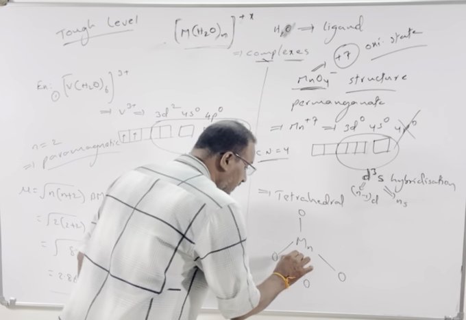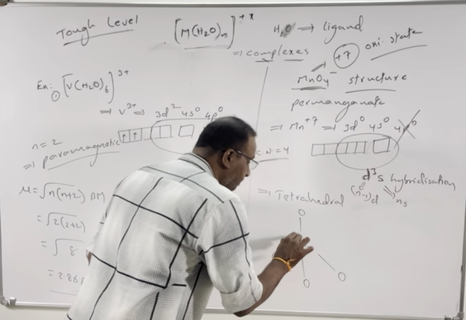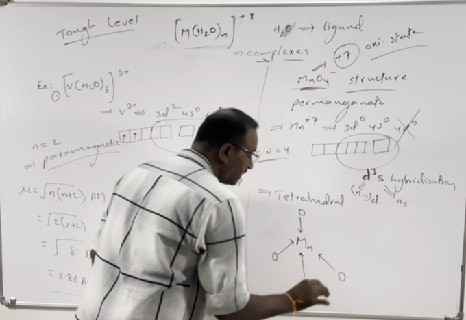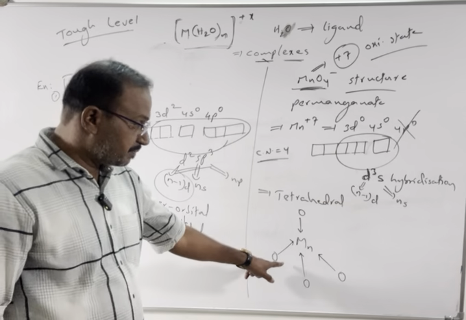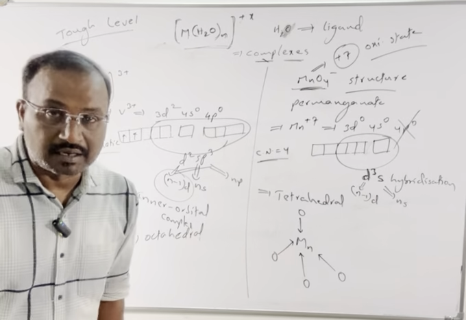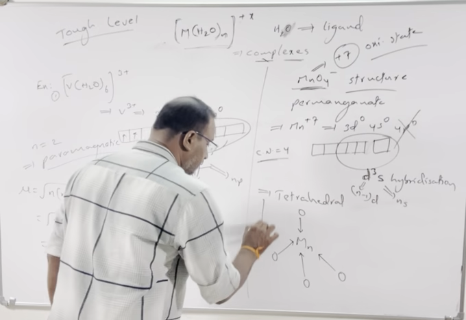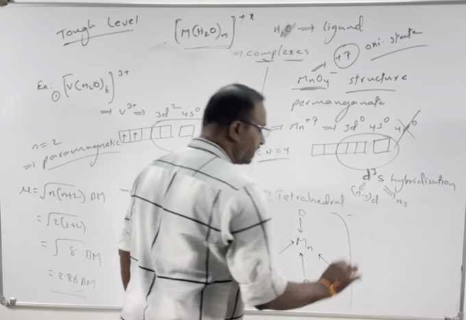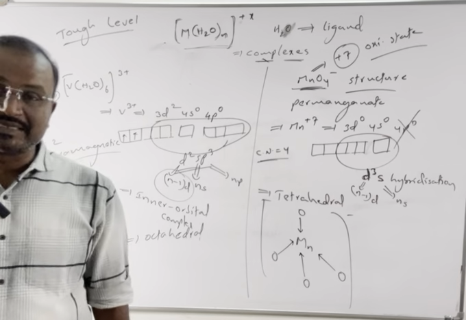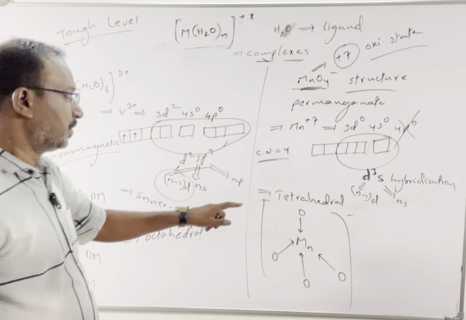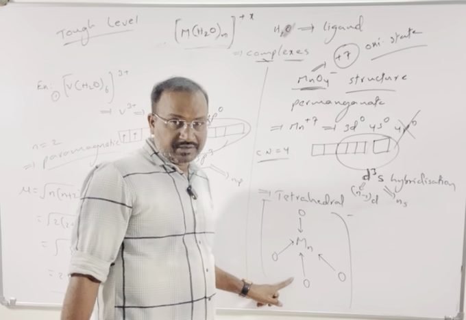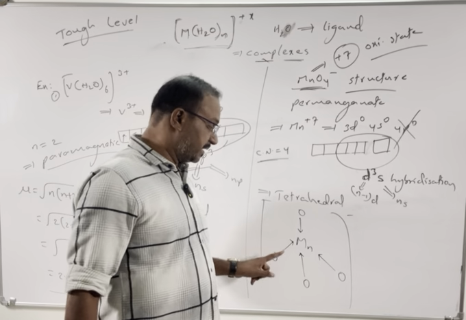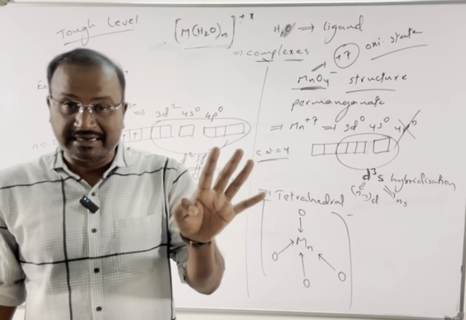They are giving electron pairs to manganese. Like this, 4 electron pairs come towards manganese. Total 4 pairs means 8 electrons are there.